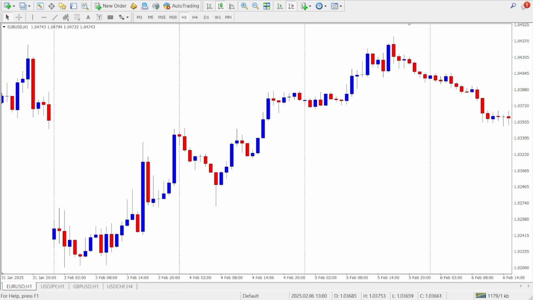Supply and demand zones are what truly drive the market, but most traders misinterpret them or confuse them with basic support and resistance. Institutions and smart money use these zones to trap retail traders, and in this video I'm just going to show you exactly how they do it.